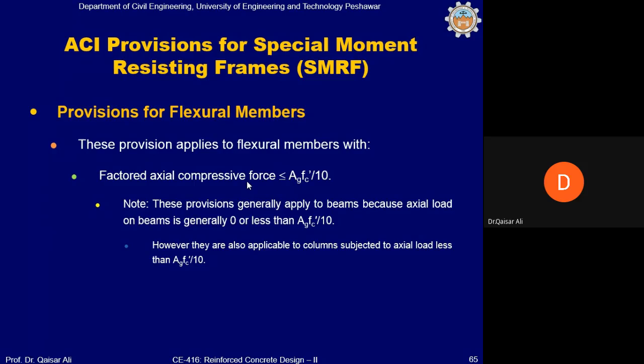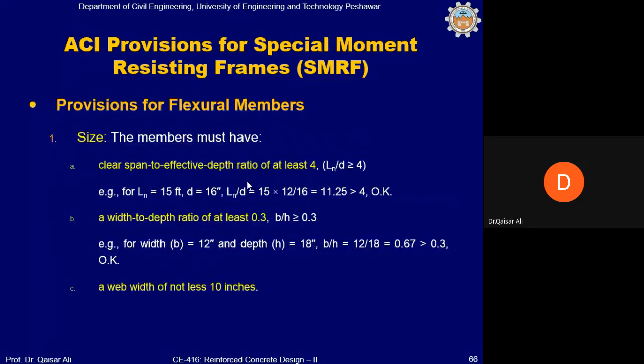These provisions are, number one, on the size of the member: a clear span to effective depth ratio of at least 4 shall be maintained. What does it mean? If the length of the beam is, let's say, 15 feet and the effective depth of the beam is 16 inches, then the L by D ratio is 15 times 12 to convert into inches, divided by 16, which is 11.25. So the L by D ratio is greater than 4.